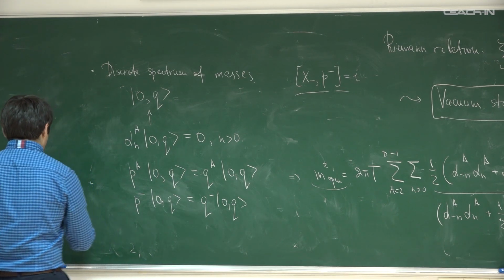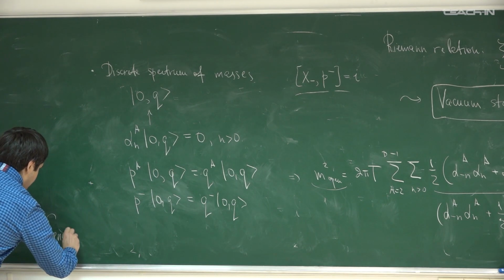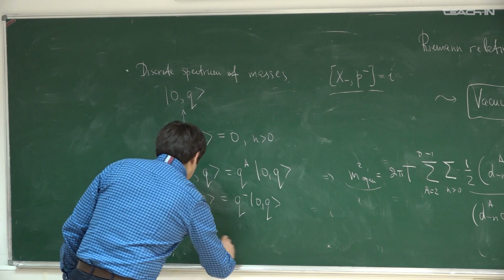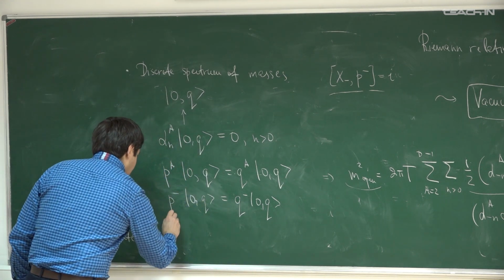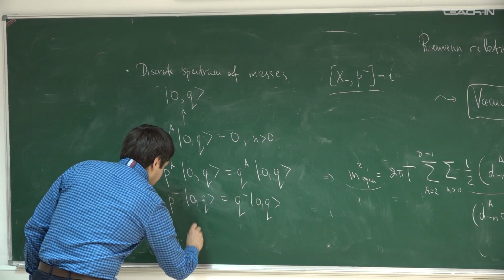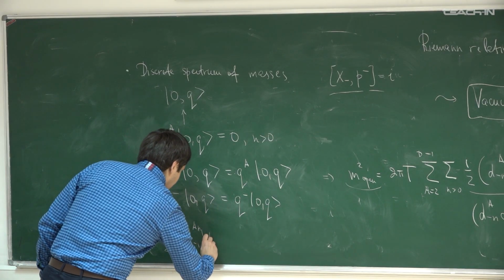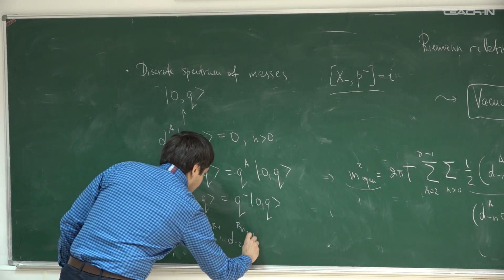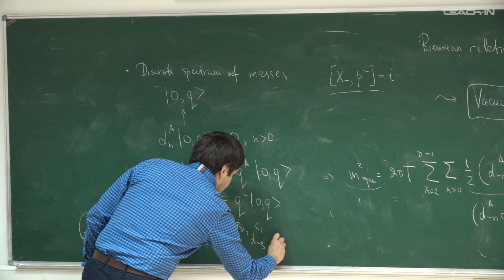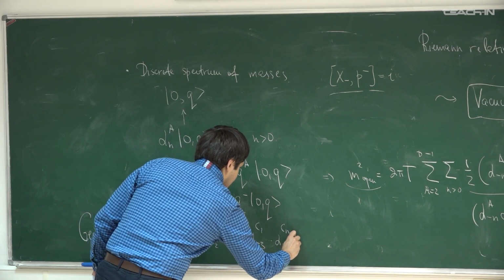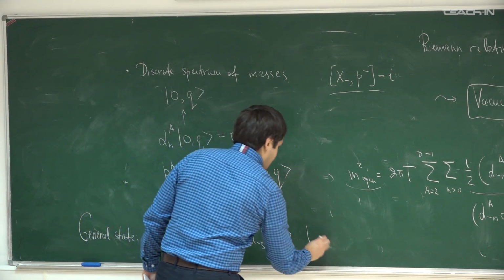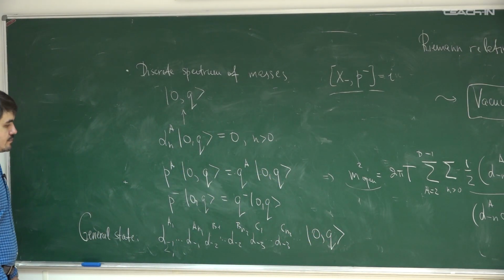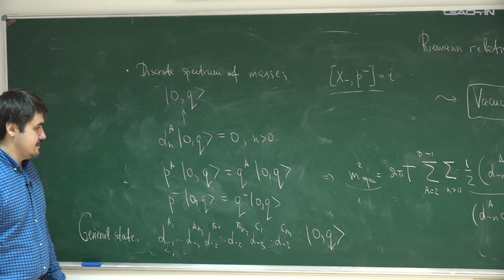So we could have a general state: alpha minus 1 a1, alpha minus 1 a n1, alpha minus 2 b1, bn2, alpha minus 3 c1, all of these acting on this state.